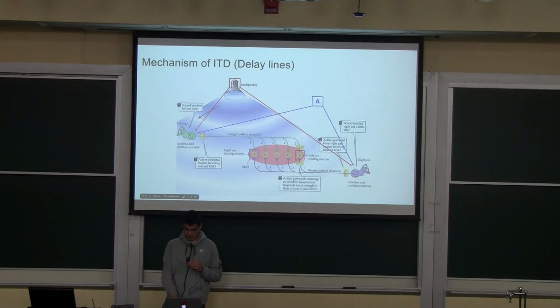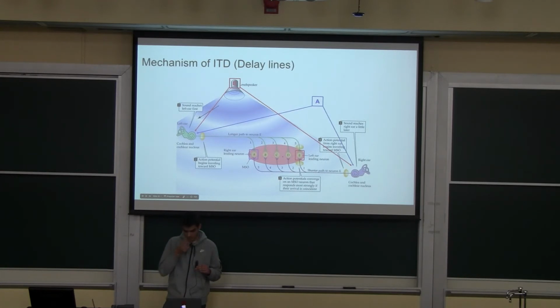And let's say it reaches the left ear first. Here's the cochlea, obviously, and then we're generating an action potential that begins to travel towards the MSO. And not simultaneously, but a little bit shortly after, the sound will reach the other ear, and again you'll begin to fire action potentials. And Jeffress' model is that these are what we call delay lines, okay? Basically the pathway from the cochlea and the ganglion cell into the MSO in this case. And what we have here are coincidence detectors. So delay lines and coincidence detectors at the MSO.